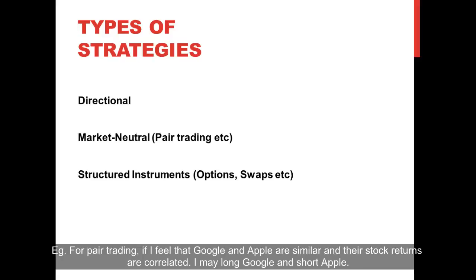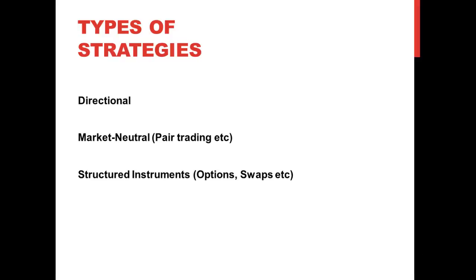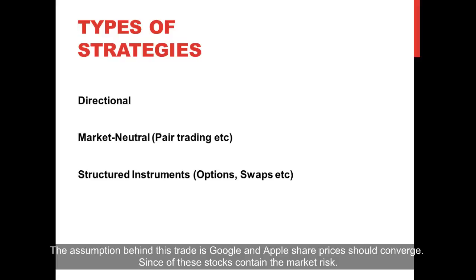So for example, for pair trading, let's say that I feel that Google and Apple are very similar and correlated. I may long Google and short Apple. The assumption behind this trade is that I feel that Google's and Apple's share prices should converge.